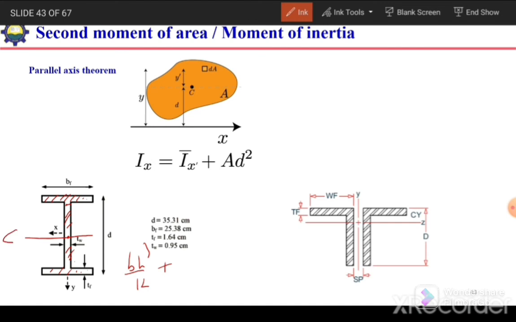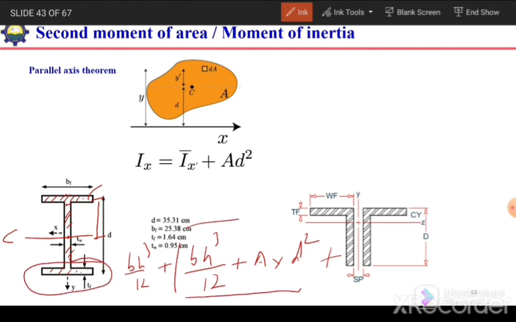For that we calculate the second moment of area of this section, which is BH cube over 12, plus the area of that section times the distance from the centroid of this shape up to the centroid, so d square. Similarly, we also add the same for the other section and transform it up to this centroid. In this way, we can calculate the second moment of area of other shapes.